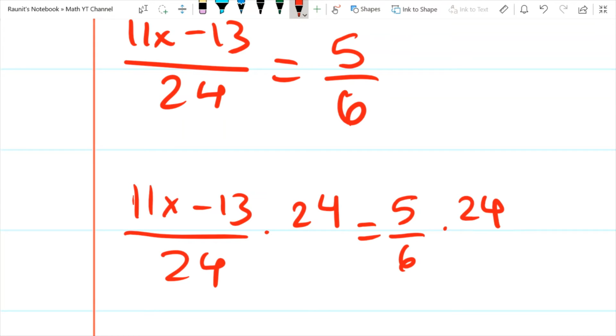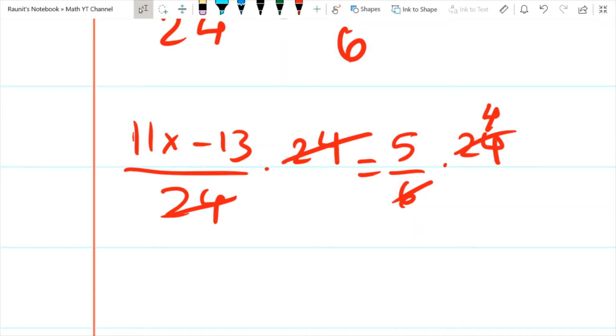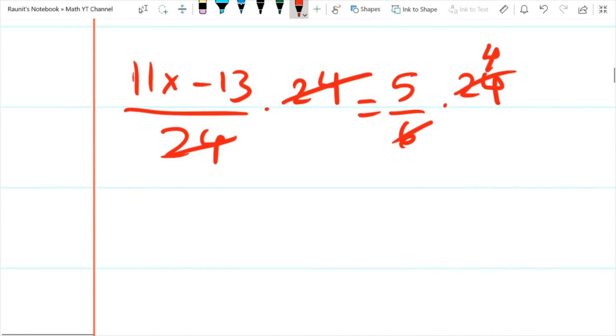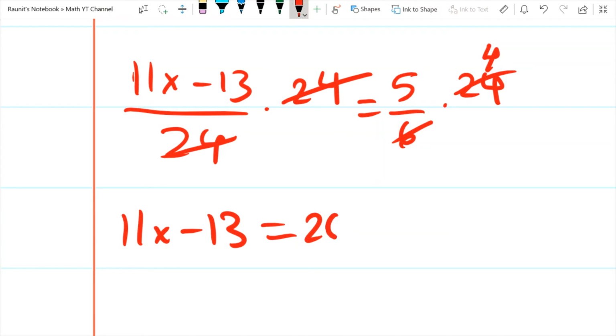Now we know that 24 and 24 are going to cancel out. Since 6 goes into 24 4 times, we would cross out the 6 and 24, and write 4 over it. So we have 11x minus 13, and then 5 times 4, which is 20.